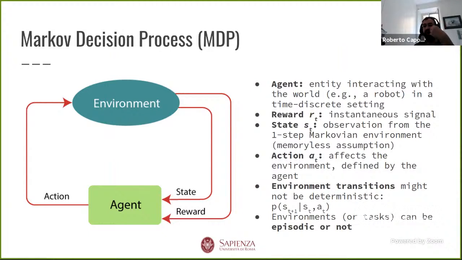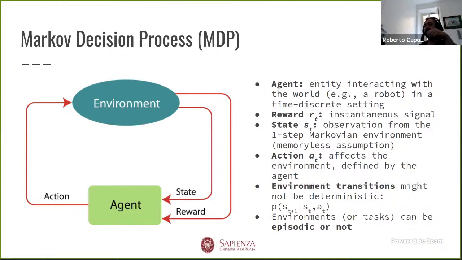So the agent has to act in this environment by means of some actions, of course, and the environment returns to the agent an observation, which corresponds to the state, because we assume that the environment is one-step Markovian, so we don't need any memory, and typically we also assume full observability, so otherwise there are partially observable Markov decision processes.